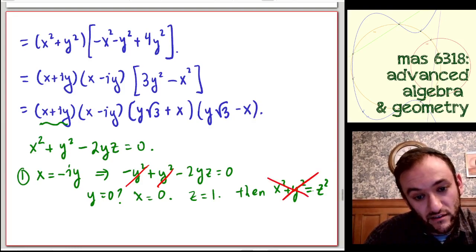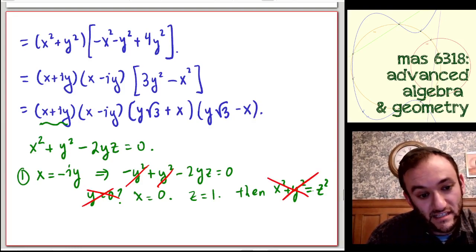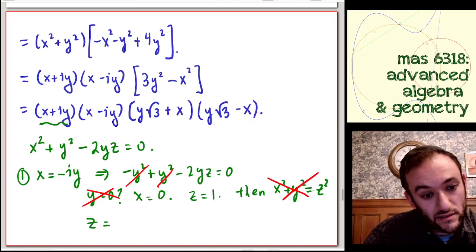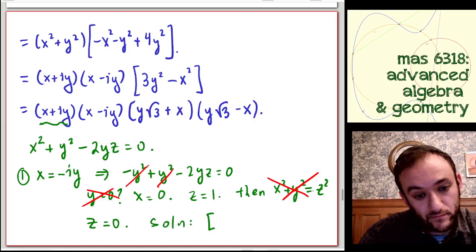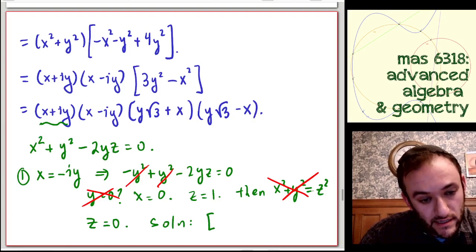So that tells me that this has to be false. And instead we conclude z equals 0, which tells me that our solution point corresponding to 1 is going to be, let's take, so z is 0.